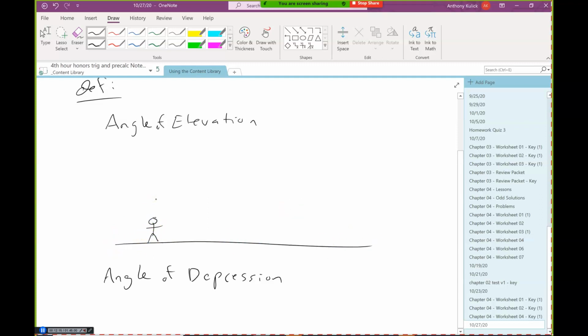So here's some person, right? And they're looking straight ahead. That's their line of sight. And they see up in the air a balloon or something. The angle here is our angle of elevation.